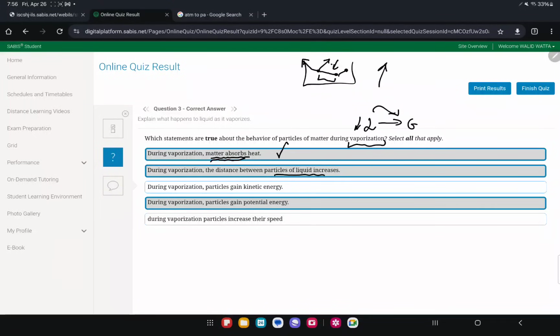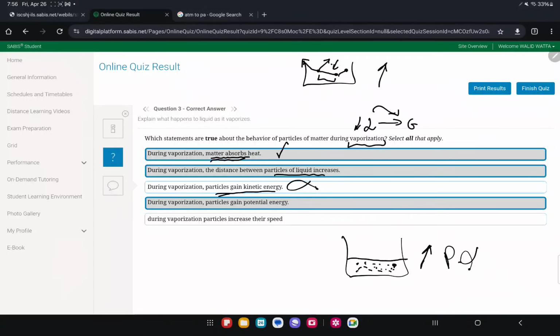During vaporization, particles gain kinetic energy? No, they don't gain kinetic energy. Let's say you're boiling these water molecules. When you're boiling it, the temperature of the liquid doesn't change, but these particles gain potential energy.